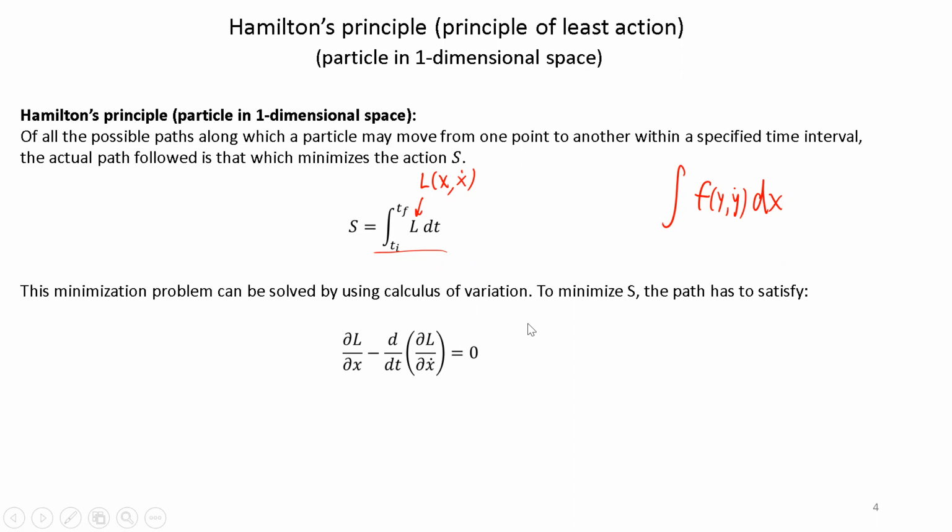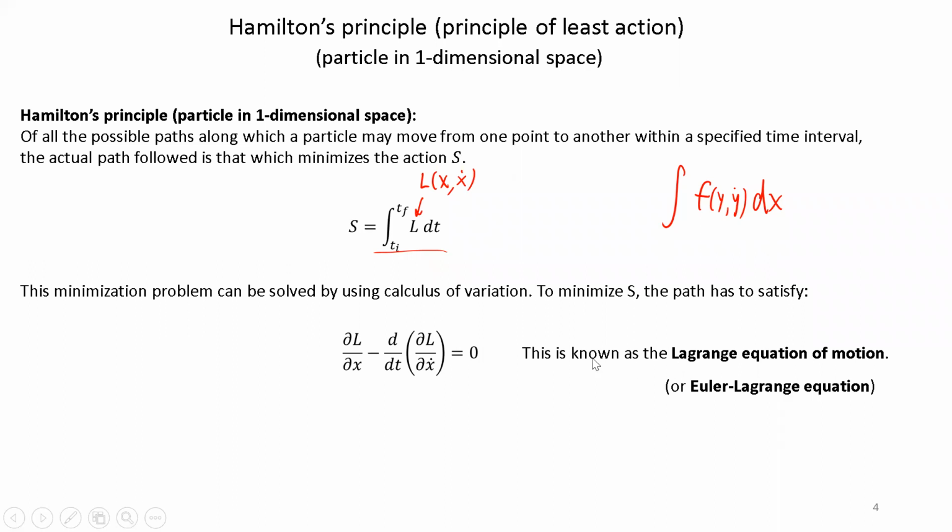The path has to satisfy this relation, and this is known as the Lagrange equation of motion, or the Euler-Lagrange equation.